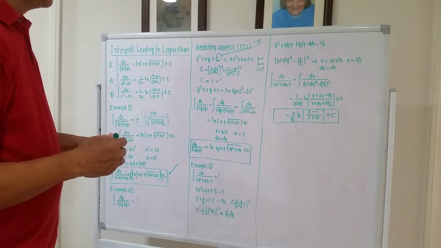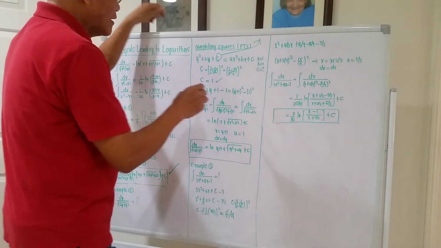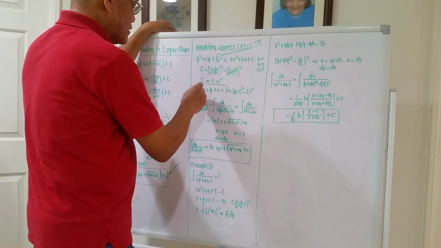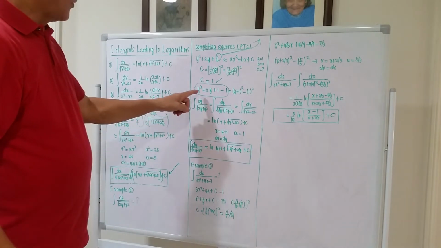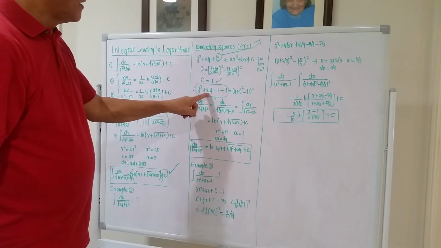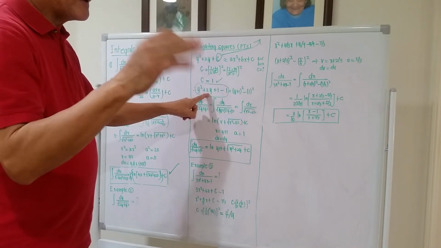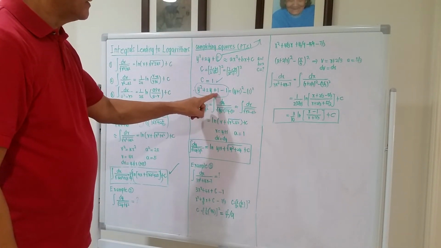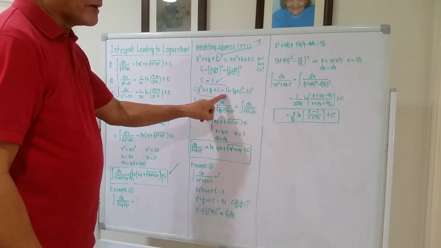So actually, we could rewrite the given problem as this. It should be y squared plus 2y. The missing constant for it to be a perfect trinomial square is actually plus 1. So we don't change the problem, we subtract again minus 1.